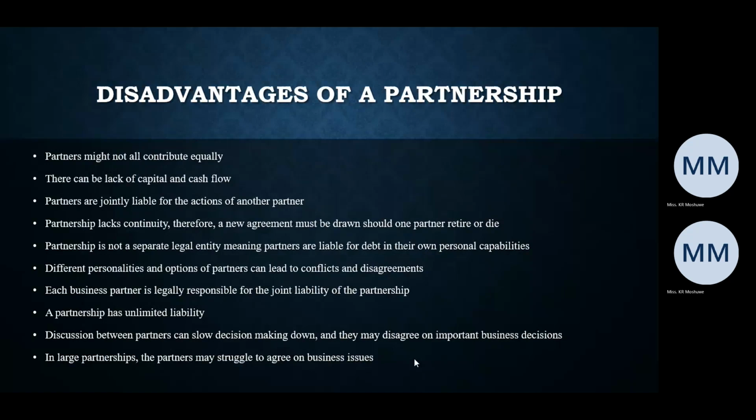So it may not be equal sometimes, which is not a good thing, depending on how much profit the company will be making and how much the other partner may want to get back as their returns.